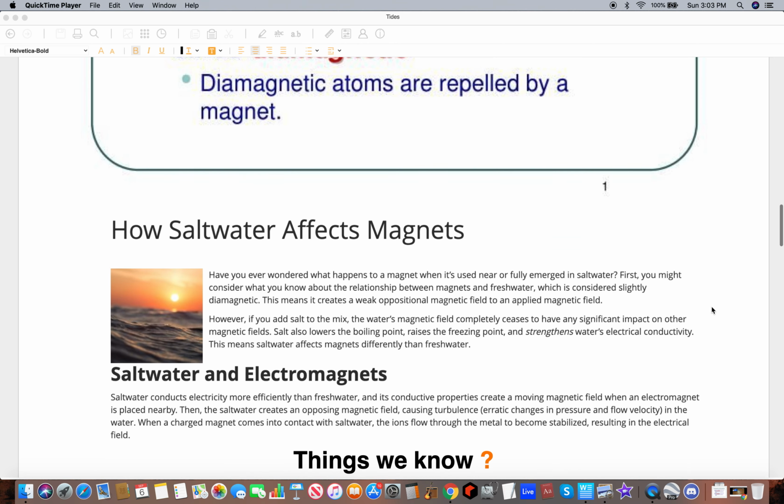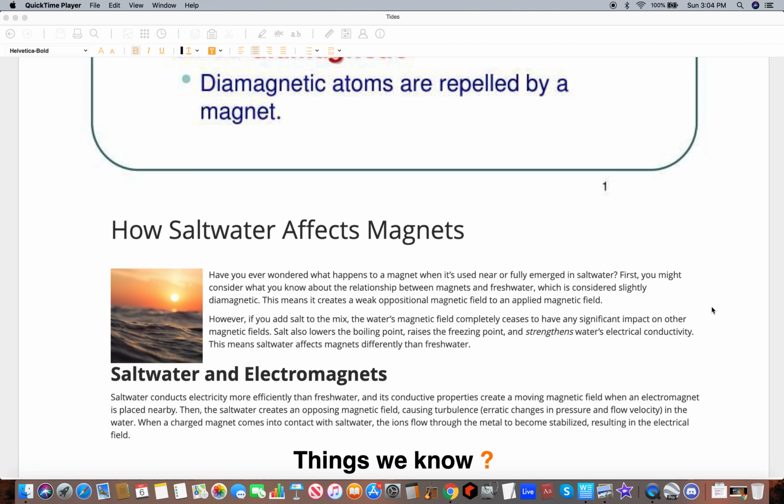So, salt water. How salt water affects magnets. I'm going to just read out these parts here. Have you ever wondered what happens to a magnet when it's used near or fully immersed in salt water? First, you might consider what you know about the relationship between magnets and fresh water, which is considered slightly diamagnetic.